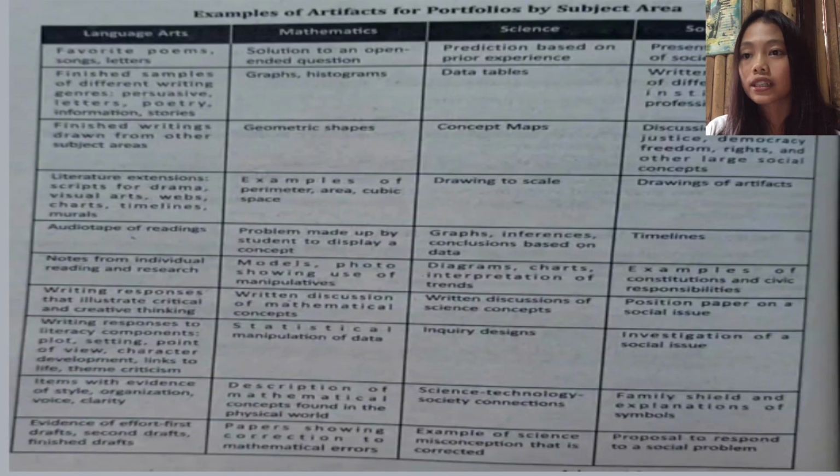These are examples of artifacts for portfolios by subject area. There are four categories: language arts, mathematics, science, and social studies.